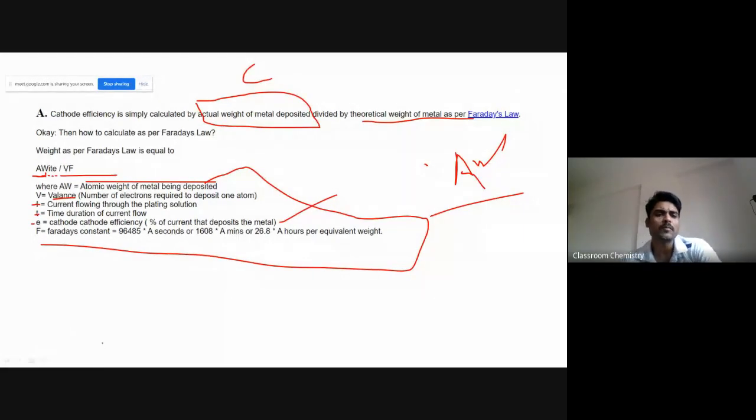The actual constant is 96,485, but we take it as 96,500. This is called cathode efficiency.